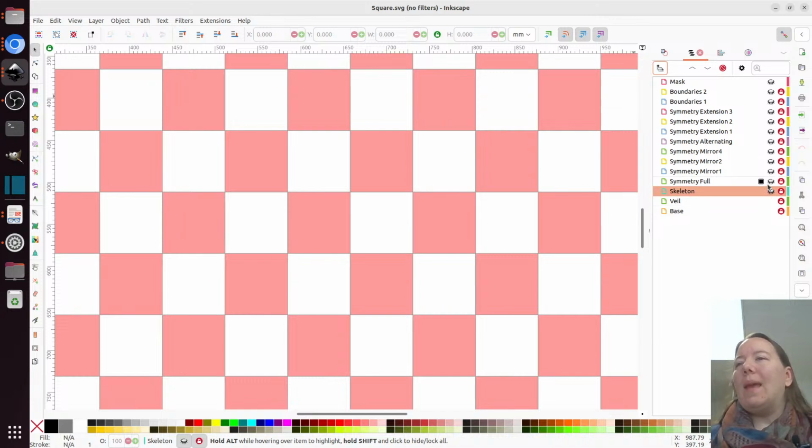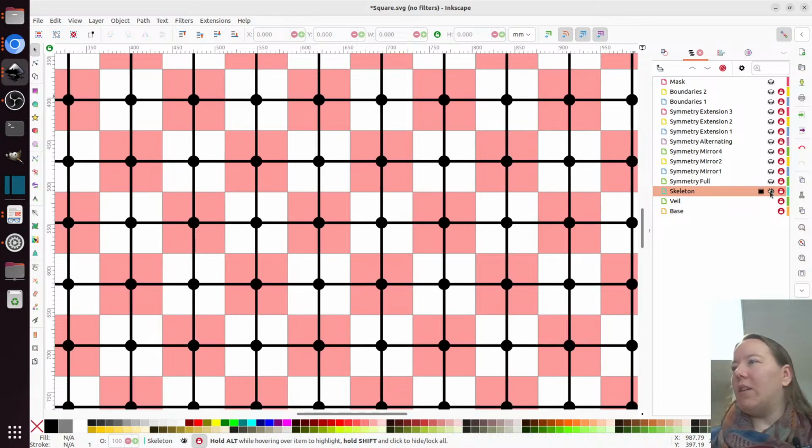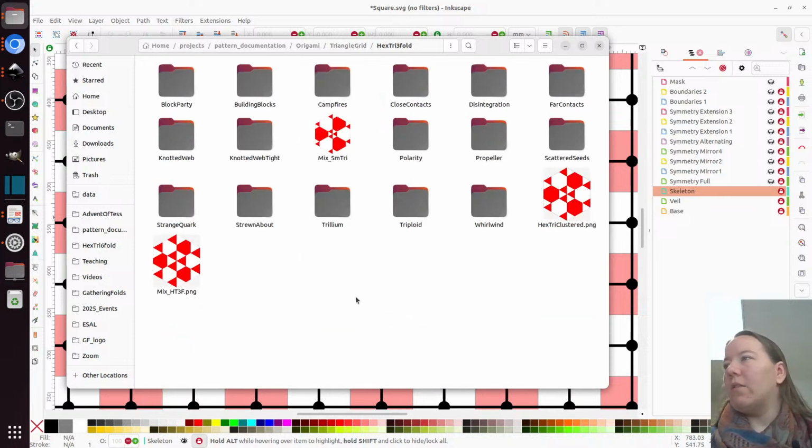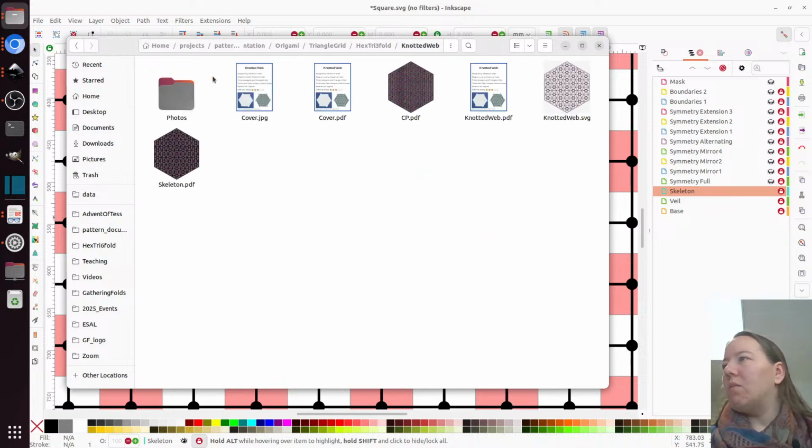So for these connections, I have a skeleton layer. This is the same skeleton layer that I have in all of my crease patterns. So if we, for example, go into one of these patterns, I'll just go to one of the ones that is fairly salient.